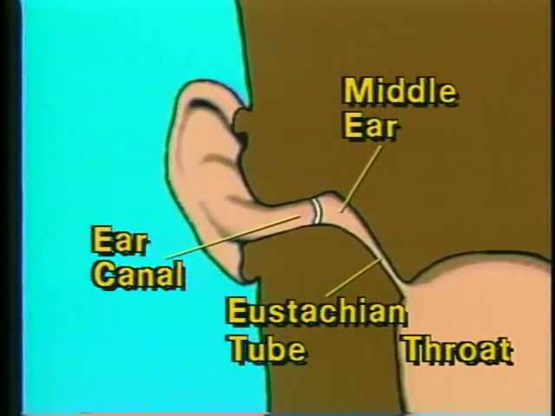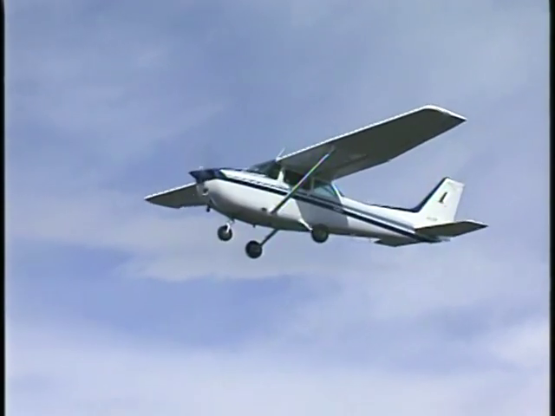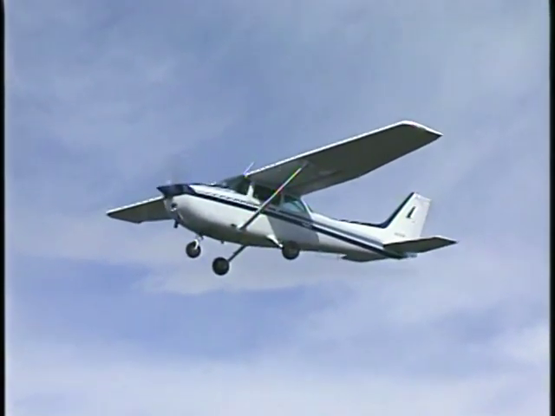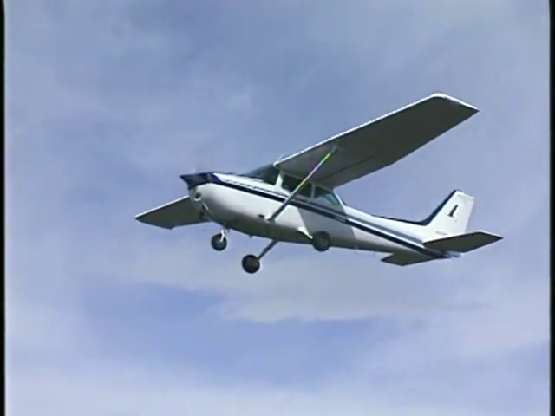Under normal conditions, the air pressure in your middle ear is equal to the pressure in your ear canal and throat. The eustachian tube that's located between your middle ear and throat is the opening that helps keep this pressure equal. As you climb, the pressure decreases and the air in your middle ear begins to expand as it tries to equalize itself with the outside air pressure.